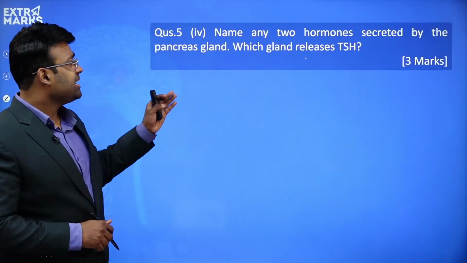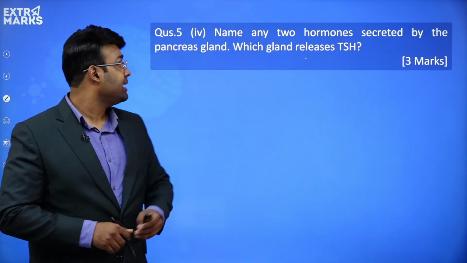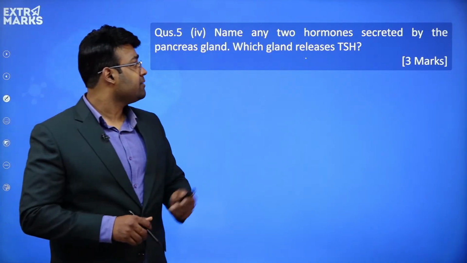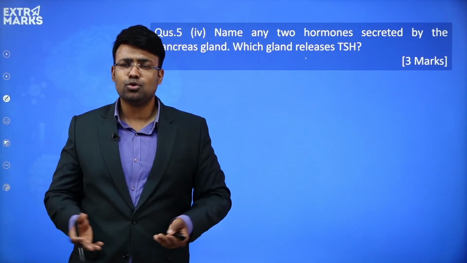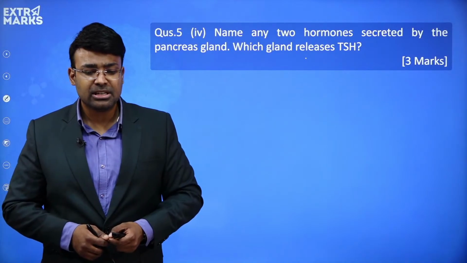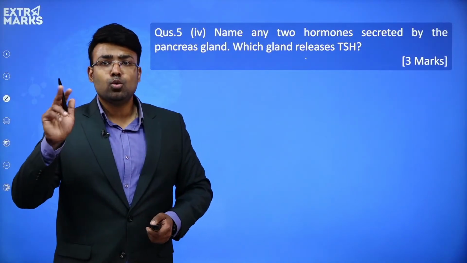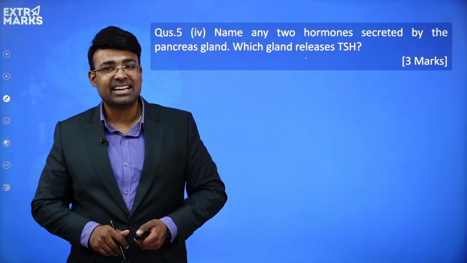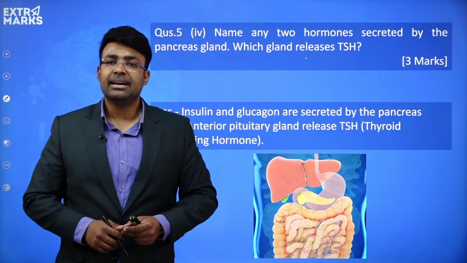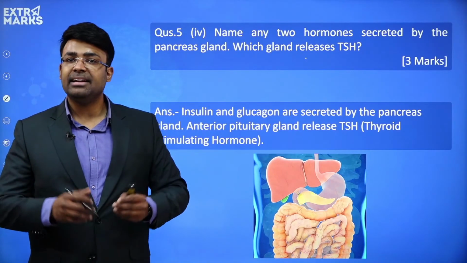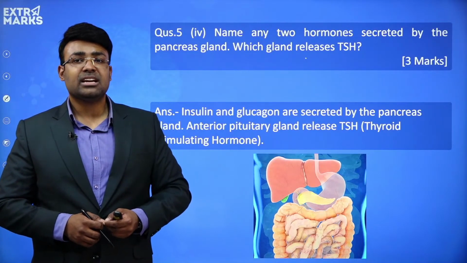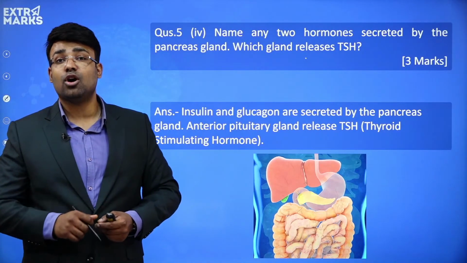Now, name any two hormones secreted by the pancreas, and which gland releases TSH. Very simple question, again an endocrine question. So here you can see two hormones secreted by the pancreas gland. Pancreas, you all know, is a heterocrine gland and it has cells called islets of Langerhans.